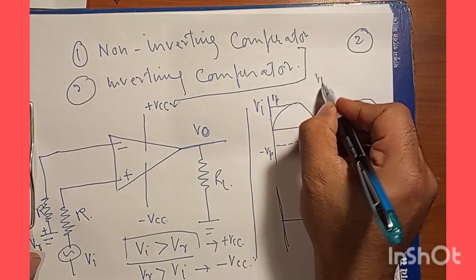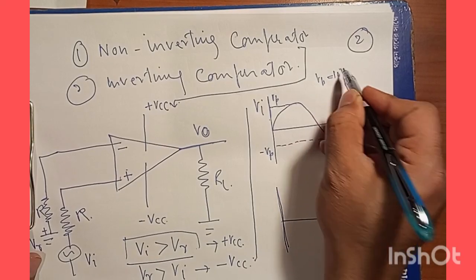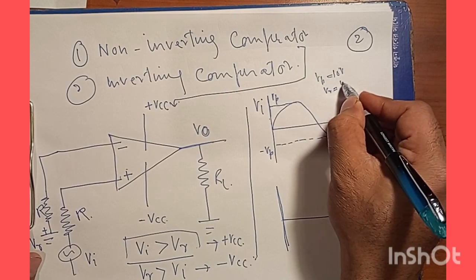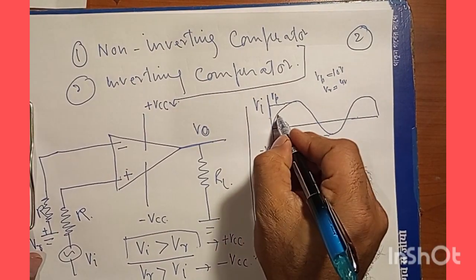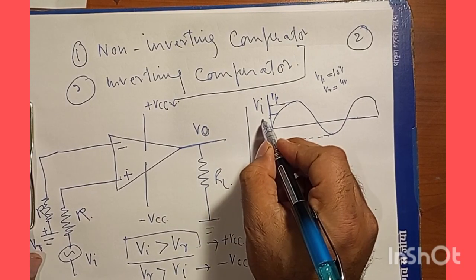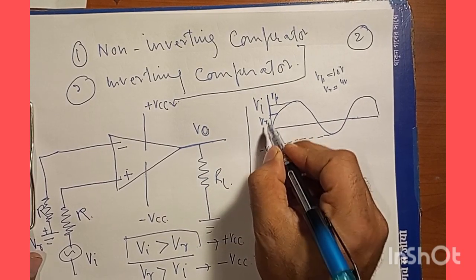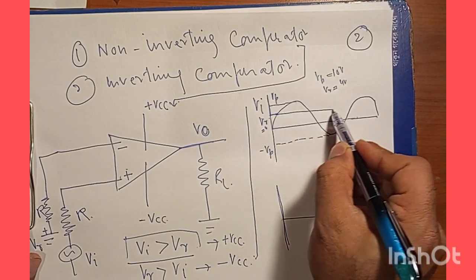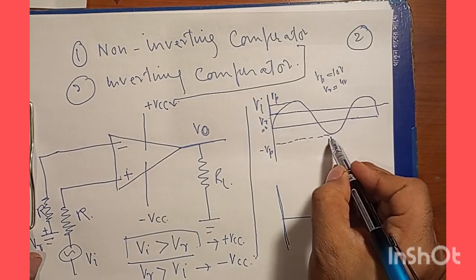Now if I take Vp equal to 10 volts and VR I take 4 volts. So reference voltage I will choose here, say this is VR equal to 4 volts, and let me draw a straight line here.